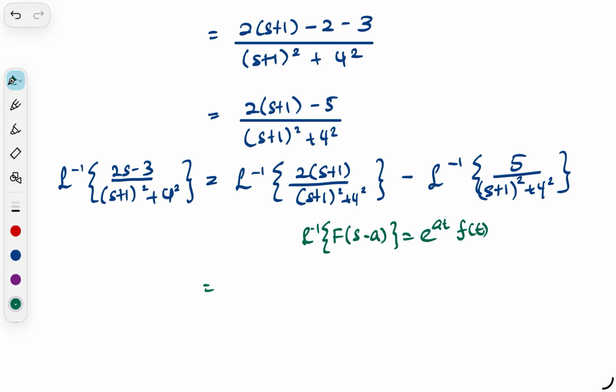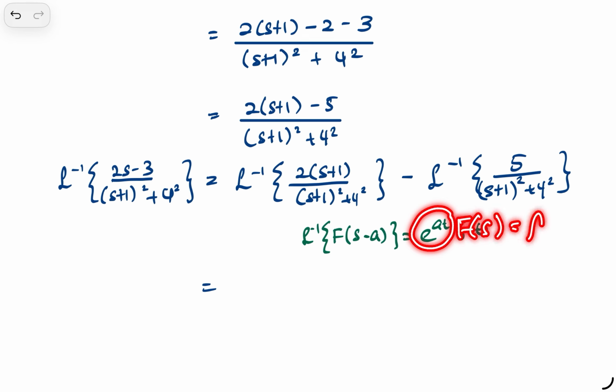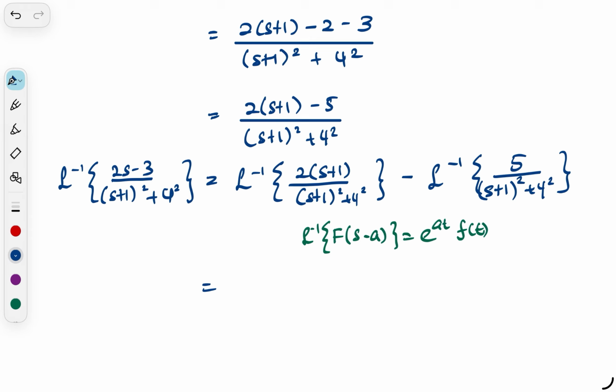So what I can do here is factorize out the exponent. This is the first shifting property. We have s minus a, so this one can be factorized out, so that we only have F(s) here. So the Laplace inverse for F(s) will give us f(t). So I will have 2 outside, e to the negative t.